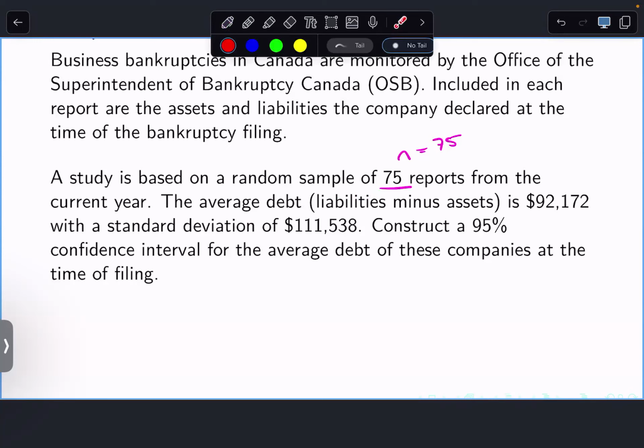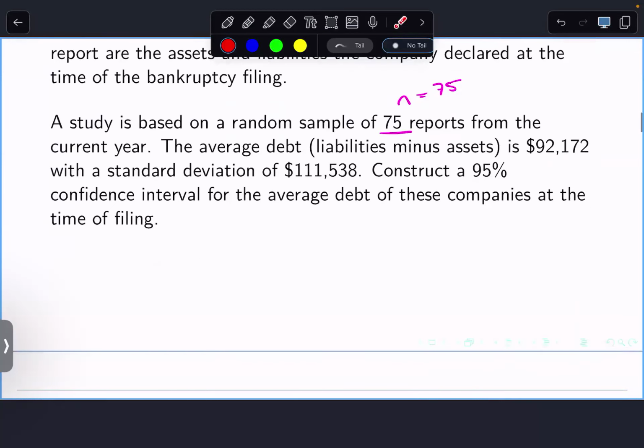And so the average debt, which is the liabilities minus the assets, is $92,172. So this is from the sample, right? And so here, this tells me that X bar is 92,172, with a standard deviation of 111,538. Huge spread, right?